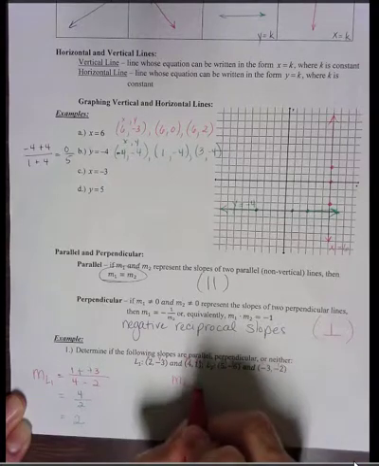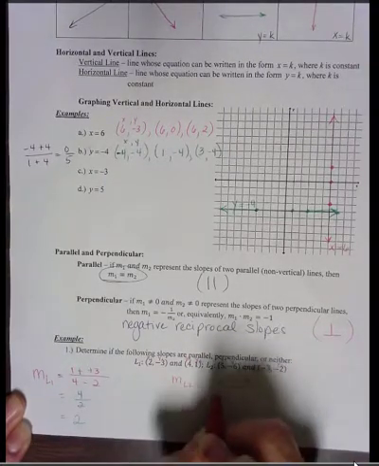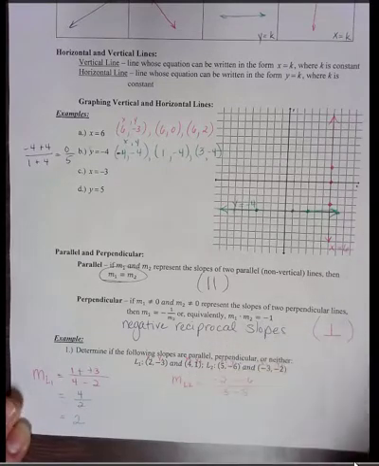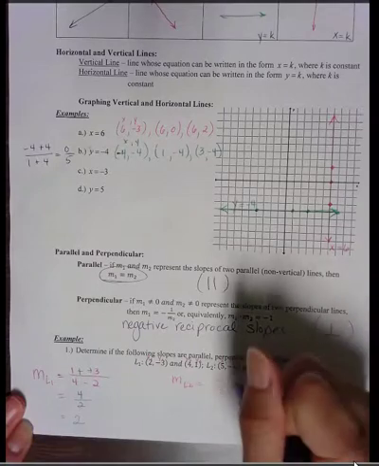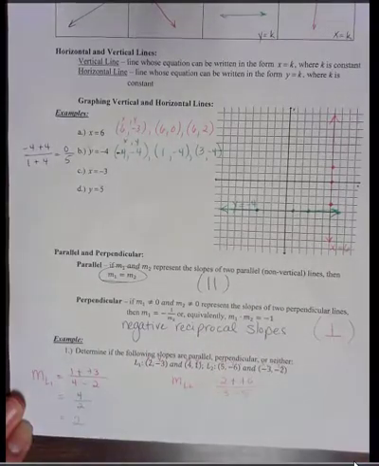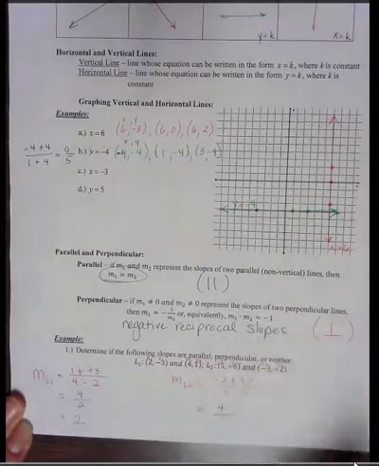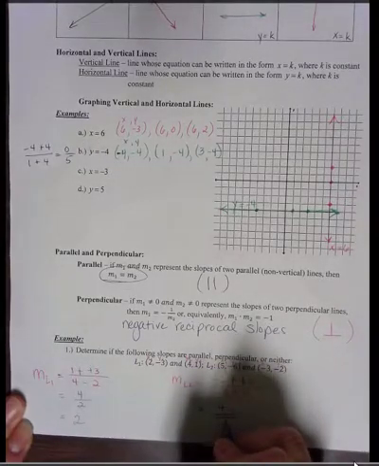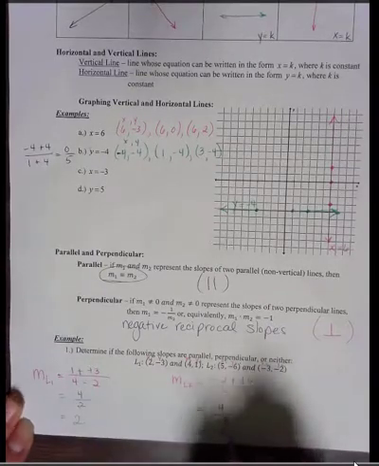And so I have negative 2 minus negative 6 over negative 3 minus 5. So negative 2 plus 6 gives me a 4, and negative 3 minus 5 gives me negative 8, or negative 1/2 if I reduce.